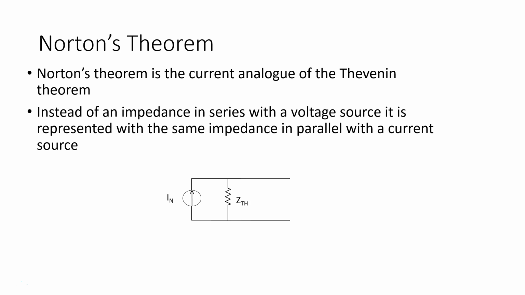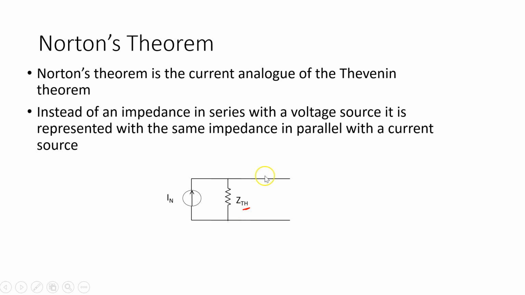You could take the whole network of resistors, but instead of using a voltage source in series with a resistance, here we form a current source in parallel with a resistance. And you'll see that we calculate these things in basically the same ways as before. In fact, the resistance here is still labeled as Thevenin because it is exactly the same thing you do.